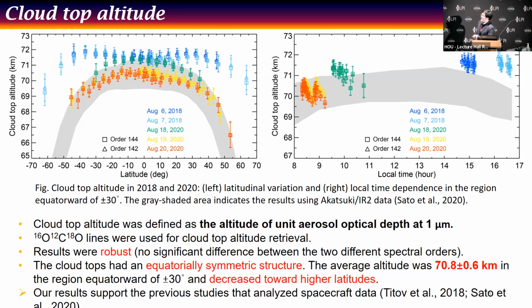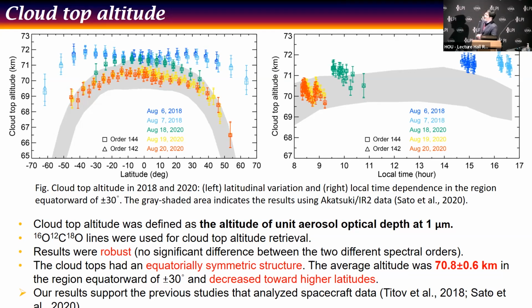The right figure is the local time dependence in the region equatorward of plus minus 30 degrees. Different colors denote the observation date, and different symbols are retrieval results derived from the different spectral orders. The gray shaded area indicates the result using the Akatsuki IR2 data.